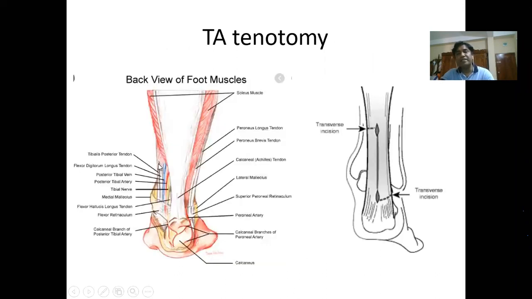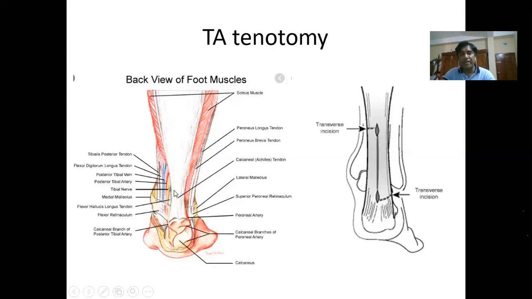And another thing that we frequently incur during equinus correction is the percutaneous lengthening of the tendo Achilles. If you see from the posterior side of the heel, the medial border of the tendo Achilles is just close to the artery and nerve.